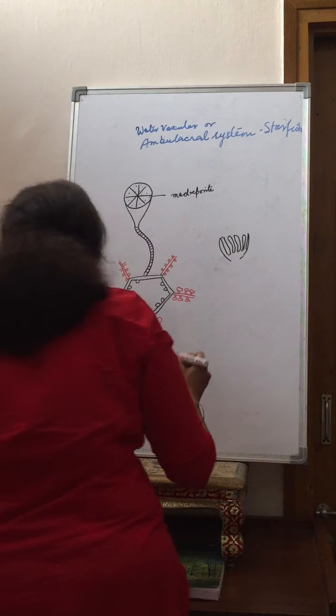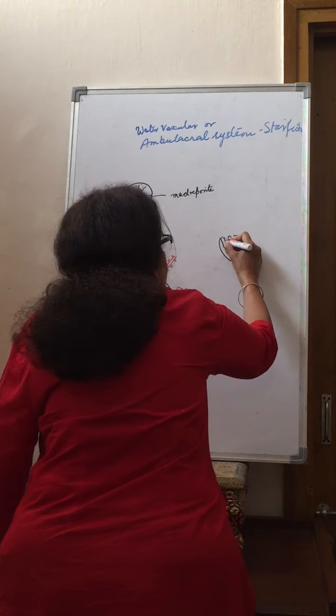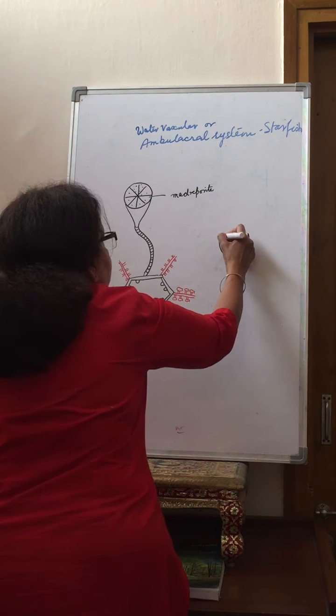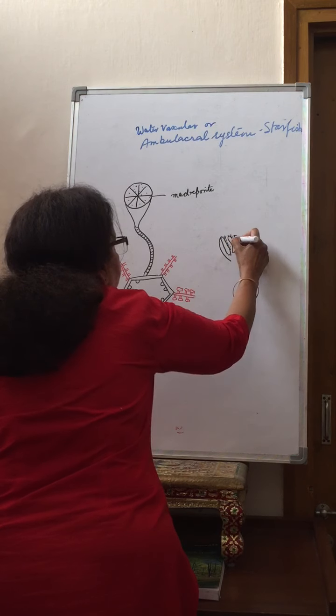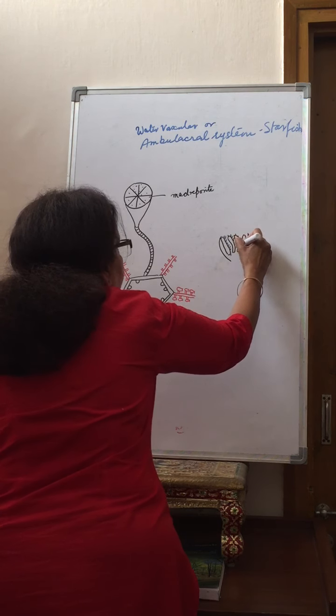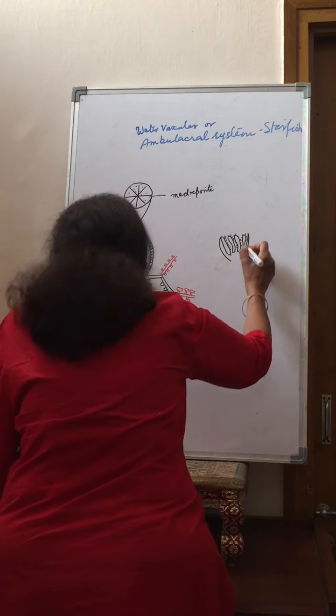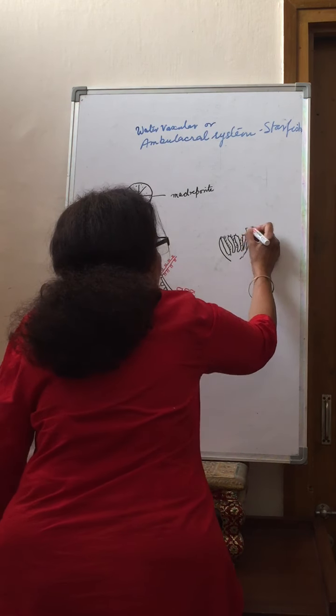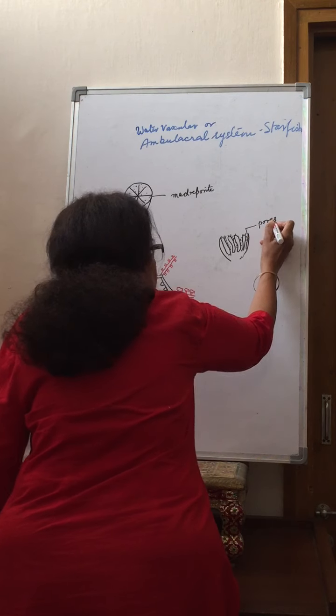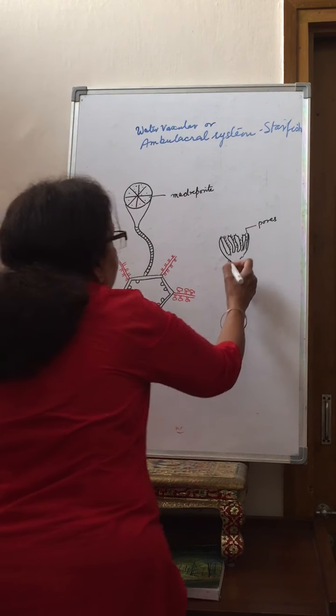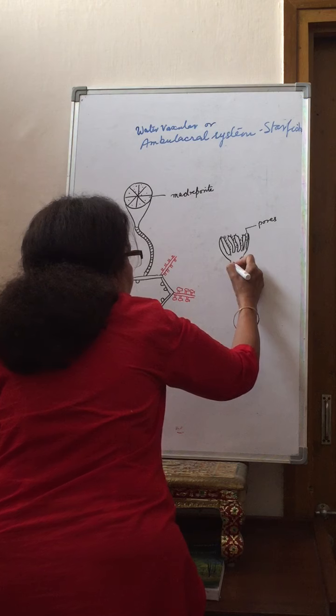It is ciliated and it has got these pores here. The pores present in the madreporite lead to the ampulla.